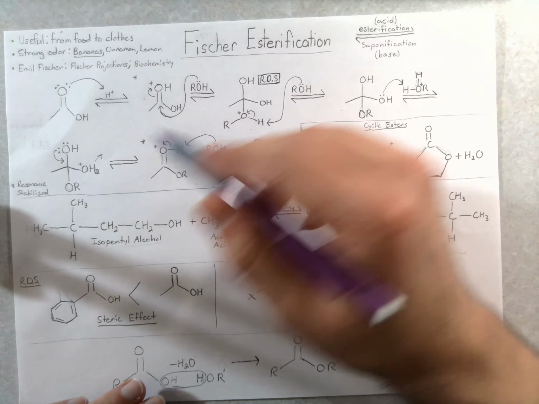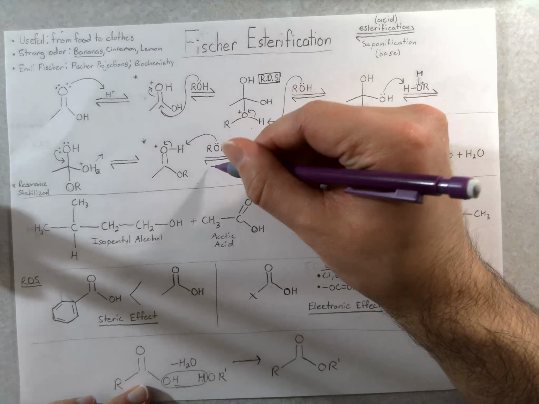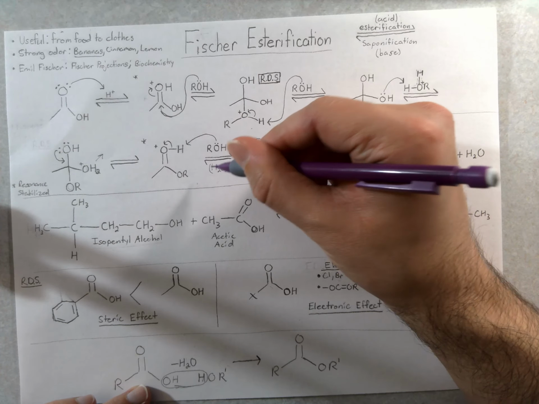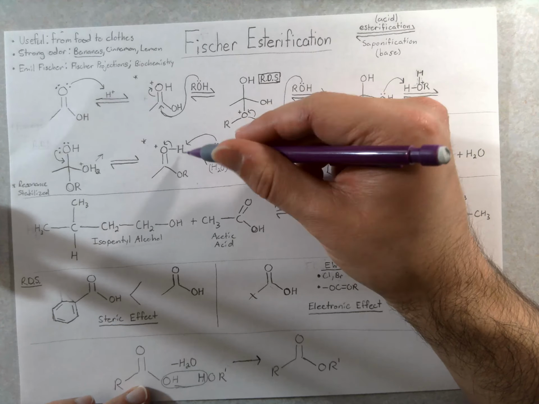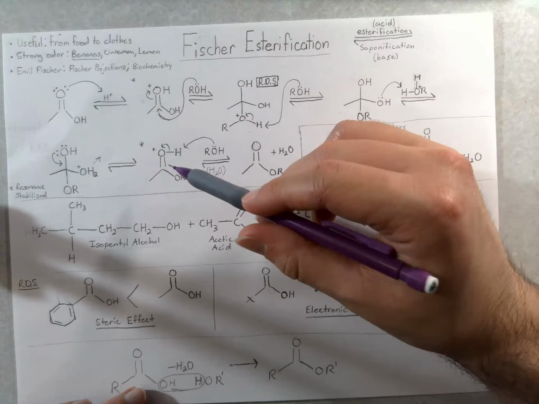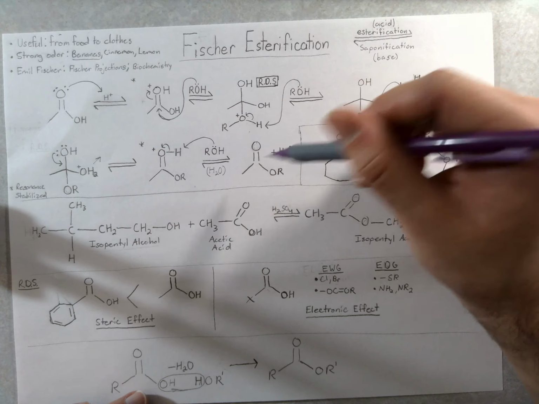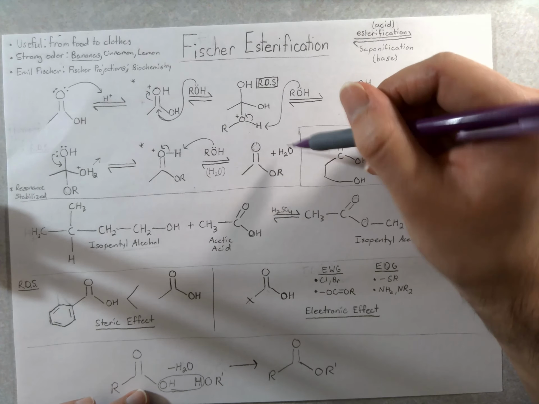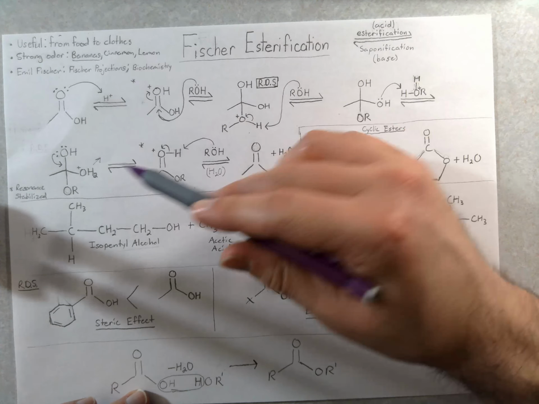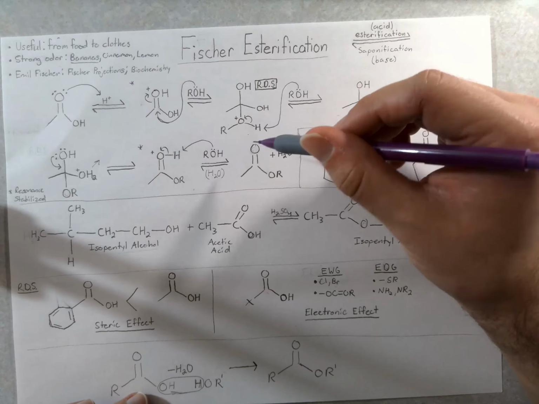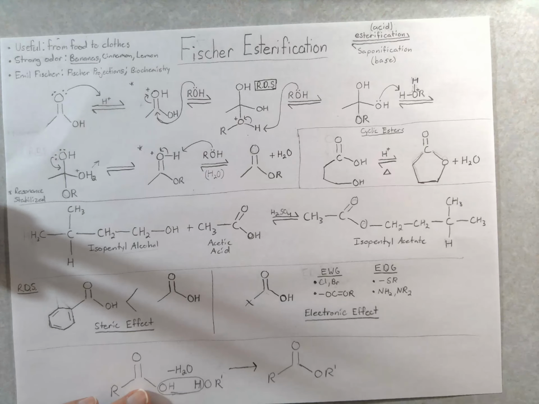As well, since we have just formed water, it's possible for a water molecule to perform the same job, but right now I just drew out another alcohol molecule. And with that, we have our final 2 products. We have both water, because this is a condensation step right here, as well as our final ester product.